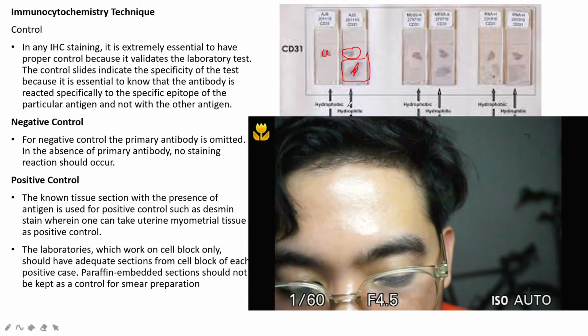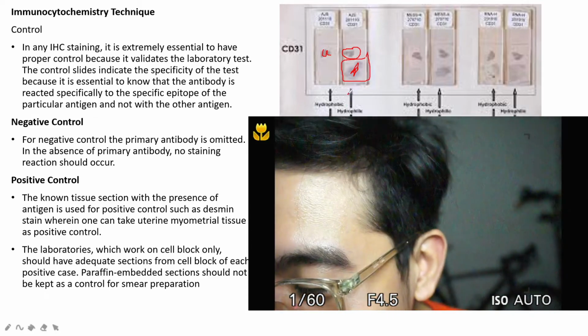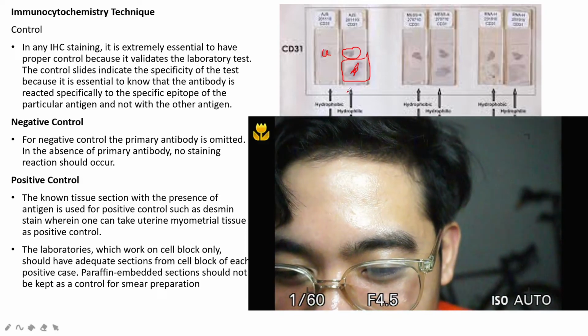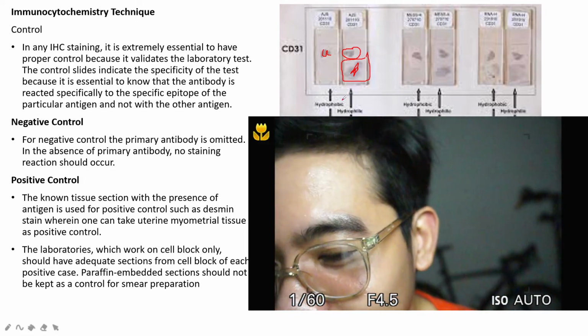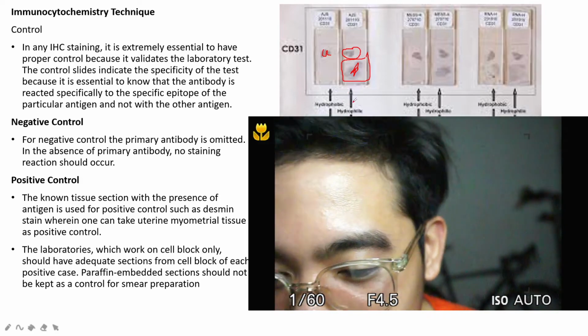There are a lot of problems, like the reagents being faded, or a power outage.